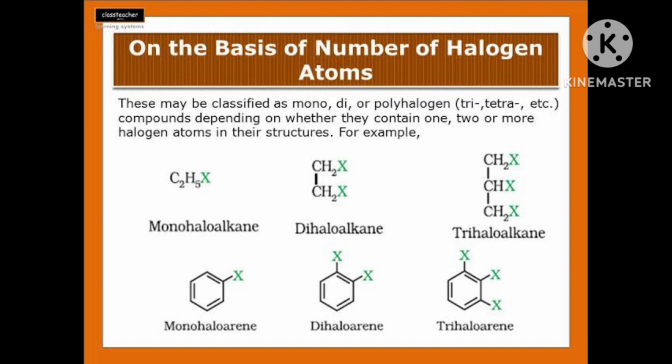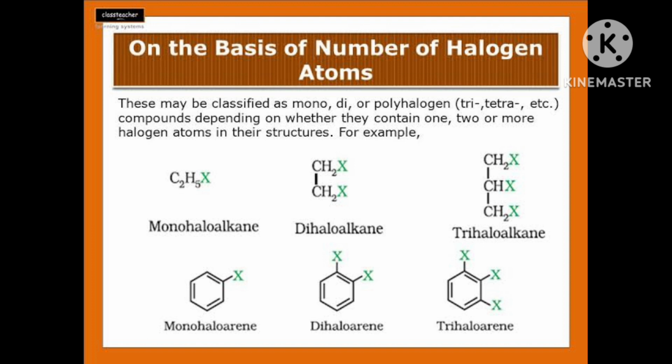Monohalo compounds may further be classified according to the hybridization of the carbon atom to which the halogen is bonded. I am telling you that because sometimes carbon may be sp3 hybridized, sometimes sp2 hybridized, sometimes sp also: sp3, sp2, sp.